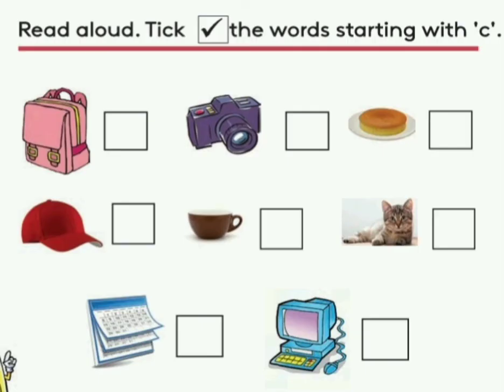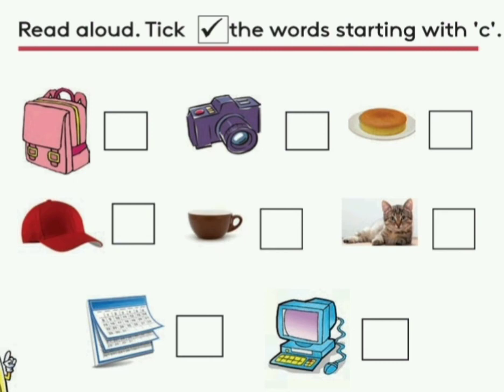Okay children, read aloud. Tick the correct mark with the words starting with letter C. They have given you 8 words. You have to identify letter C words and put a tick in the box given. What can you see in the first picture? It is a bag.